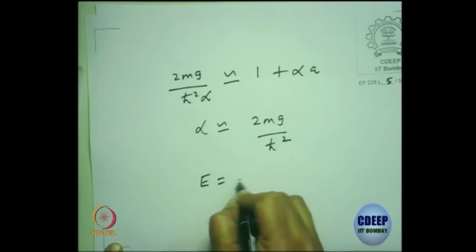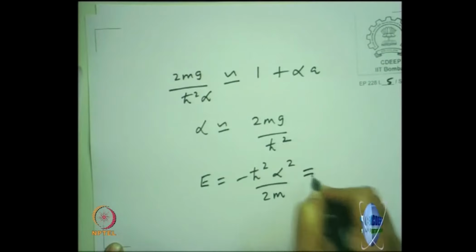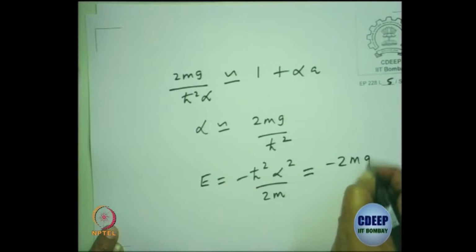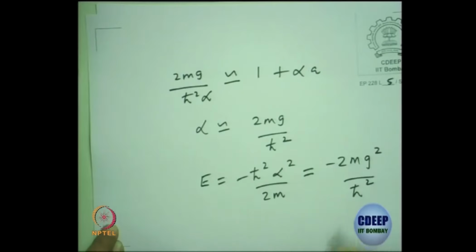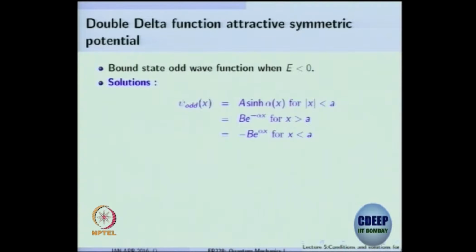E will be minus h cross squared alpha squared by 2m, which is minus 2 m g squared by h cross squared. Have I made a mistake? Someone was saying there is a factor of 4. Okay, so there is a factor of 4 between alpha A much greater than 1 and alpha A much less than 1. So, we can also do an equivalent solution.